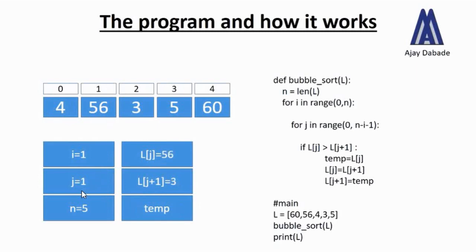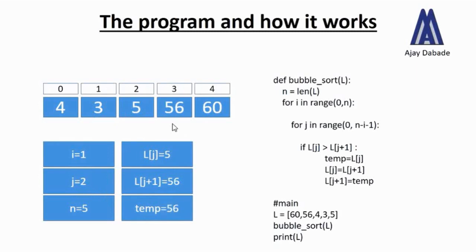The numbers have been swapped and the value of j has become 1. L of j is 56, L of j plus 1 is 3. These two numbers will also get swapped since 3 is less than 56. You can take a look at how the numbers are getting changed. And at last the values 56 and 5 will get compared, and 5 is less than 56, so even these two numbers will get swapped.